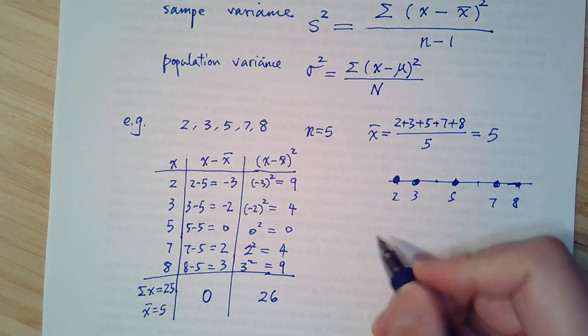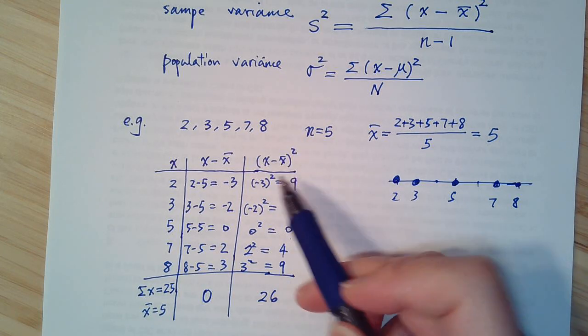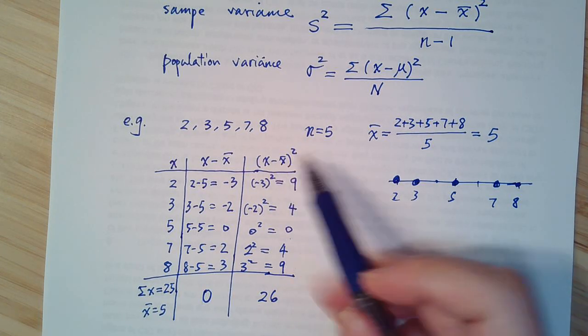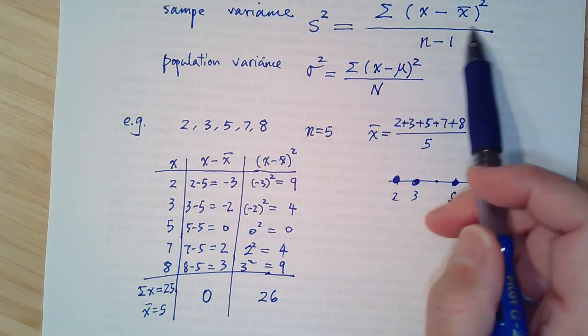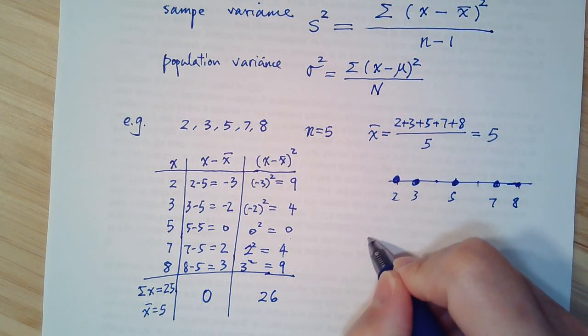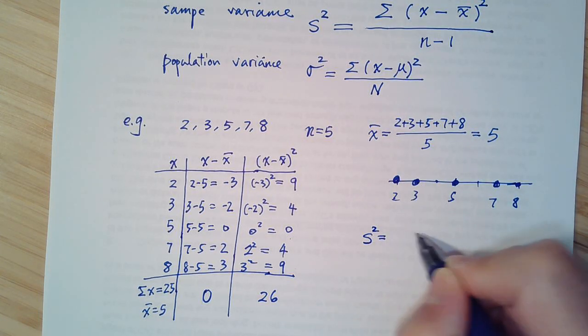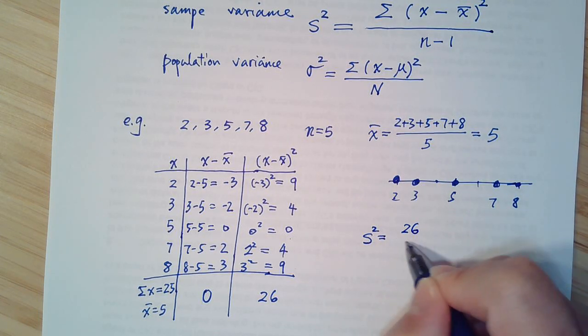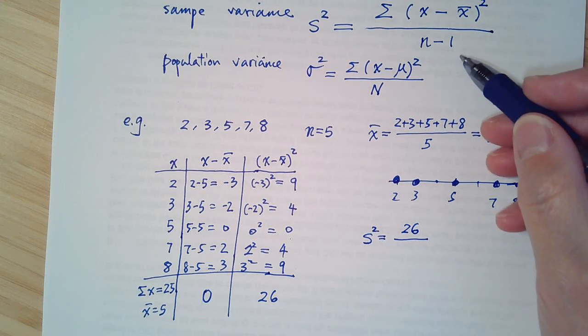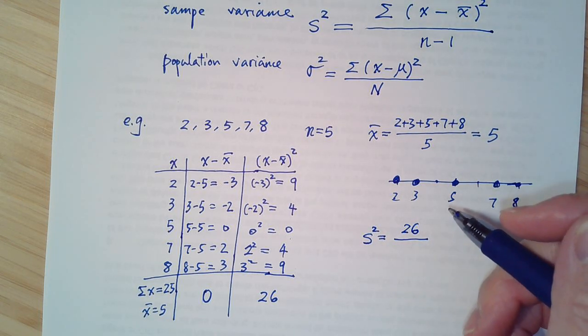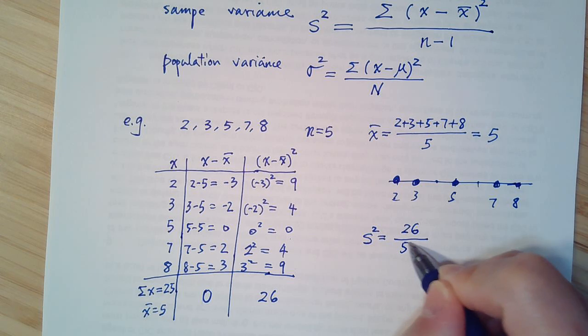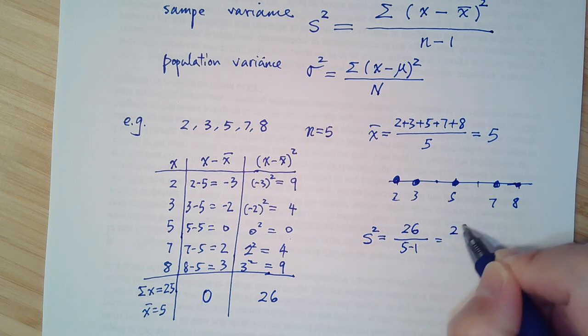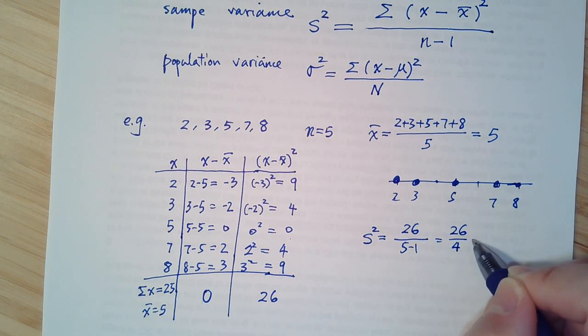All right, now once we have the summation of (x minus x bar) squared, which is the top here, s squared in this case will be, the top is 26 divided by, the denominator is n minus 1. In our case, n is 5, so 5 minus 1, so we have 26 over 4.